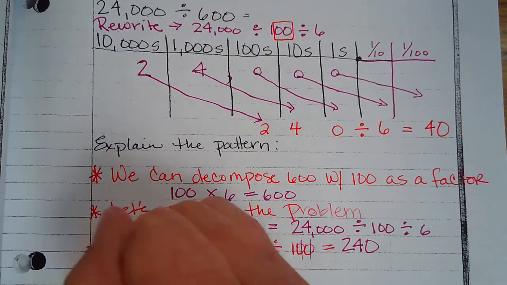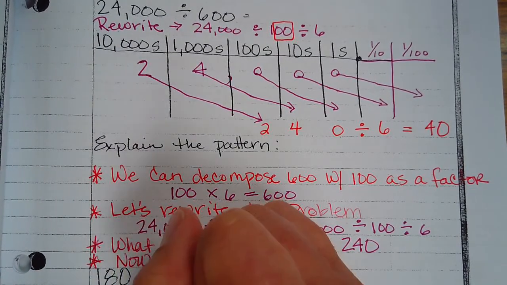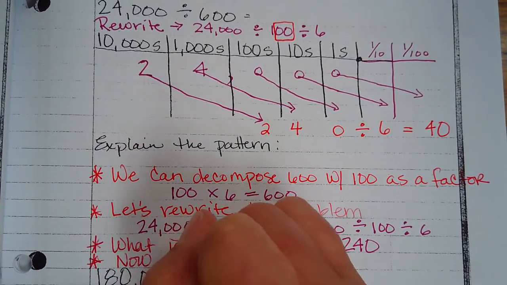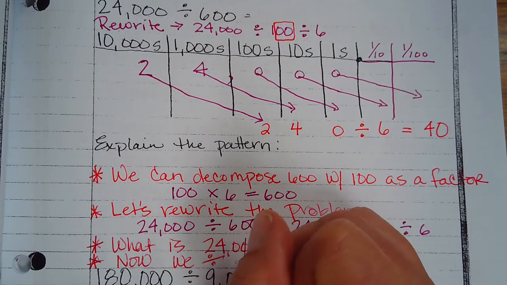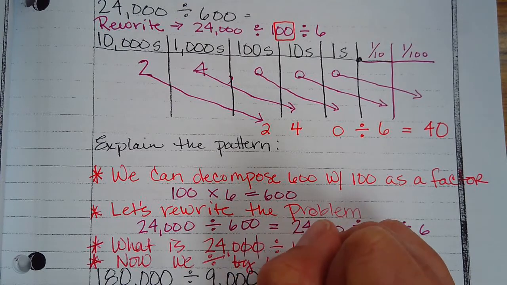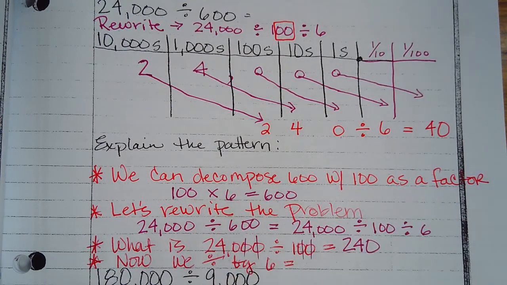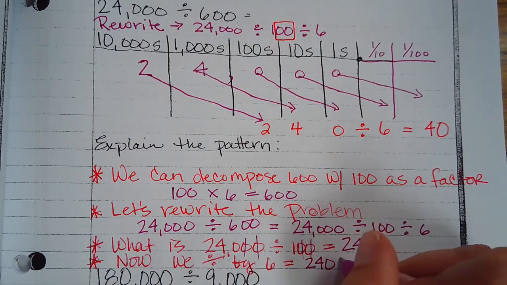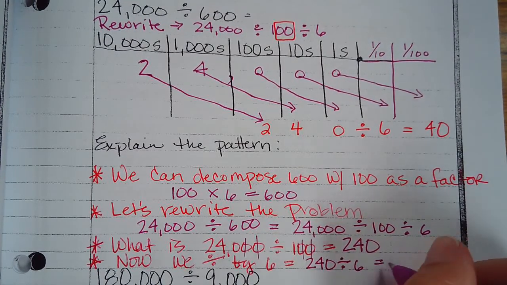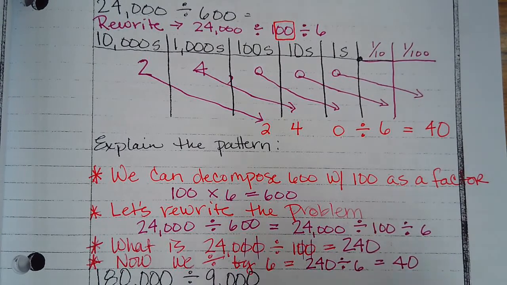Now, we divide by 6. 240 divided by 6 is 40.